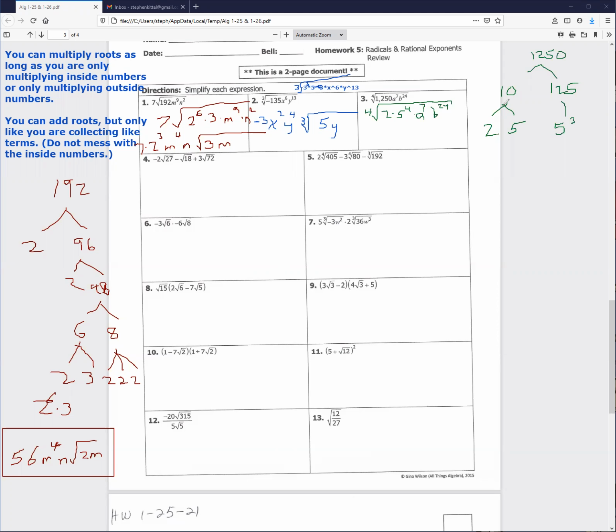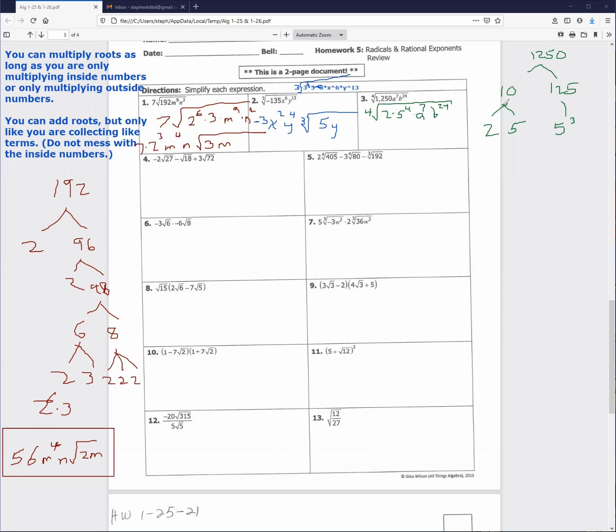Oh, and then we get to go one step further with our distributing. Now we get to do FOIL. All right, so first, 3 root 3 times 4 root 3 is 3 times 4 is 12. Root 3 times root 3 is just plain old 3, or it's the square root of 9, which in turn is 3. So I'm going to just call that whole term 36, 12 times 3.